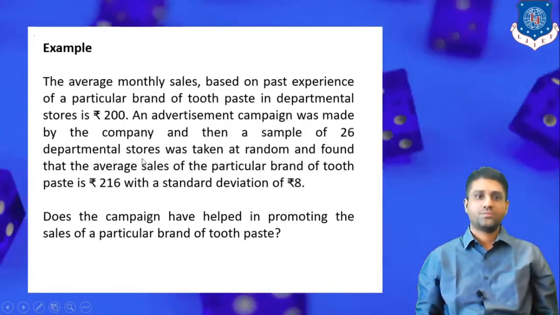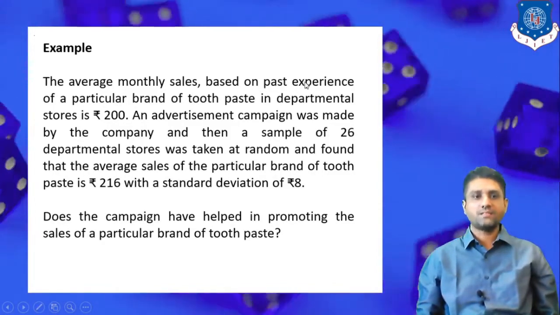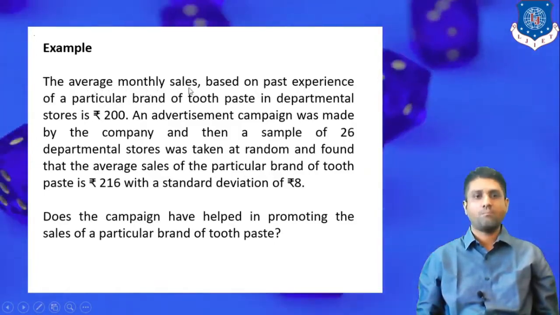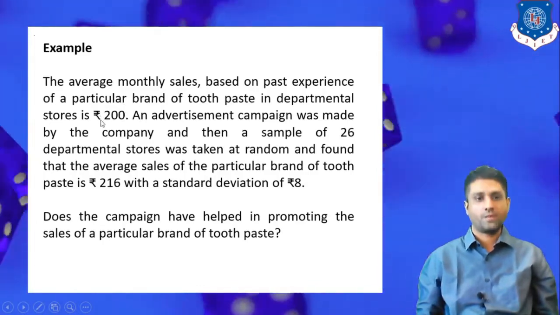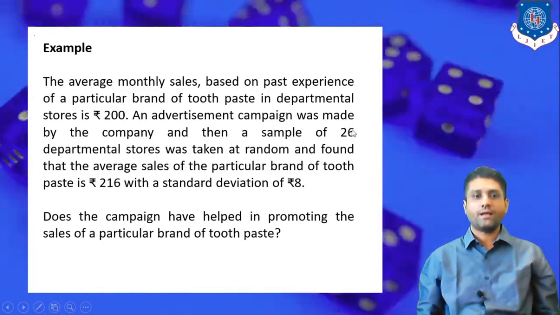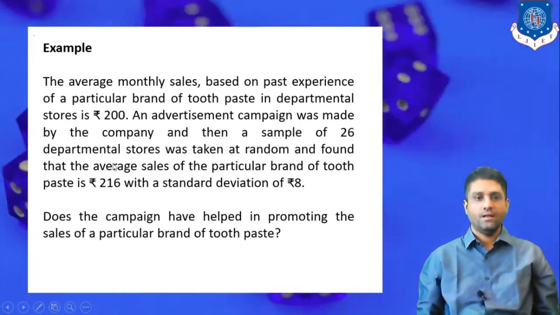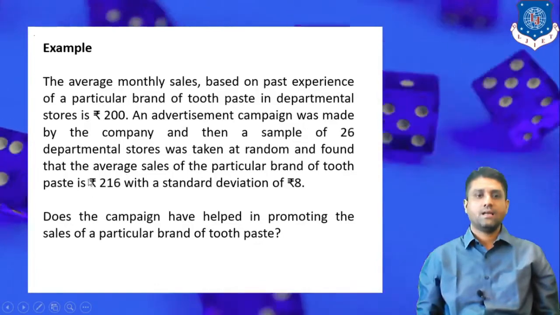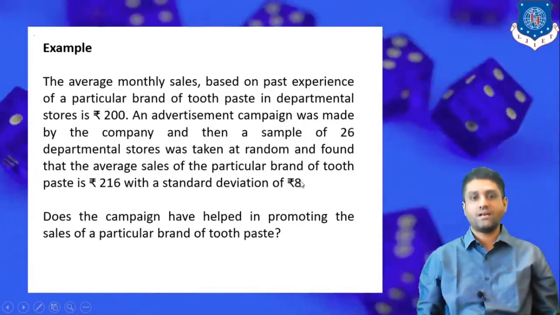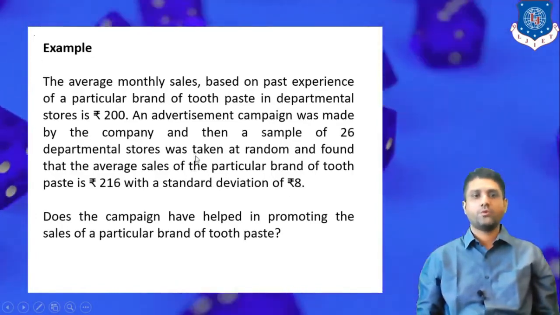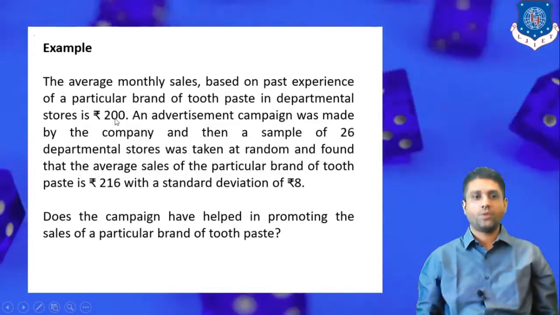So, see carefully the data. The past experience suggests that the average monthly sale of the department store is 200. So, this is the population mean. Now, they took a random sample of 26, and they observed that the sample mean is 216, with standard deviation of 8 rupees, considering an advertisement for the toothpaste.